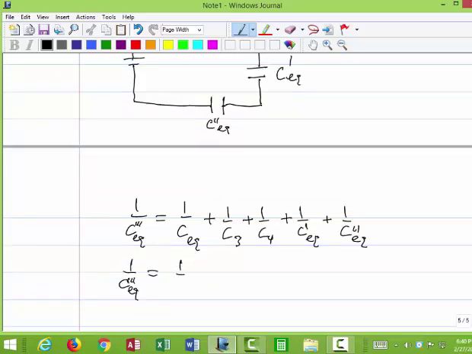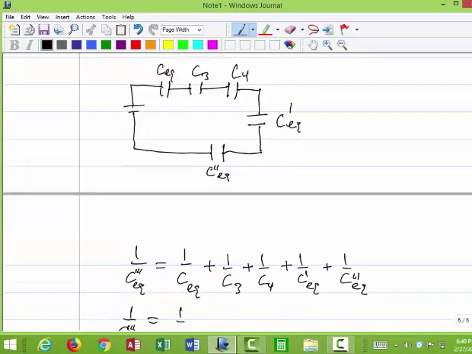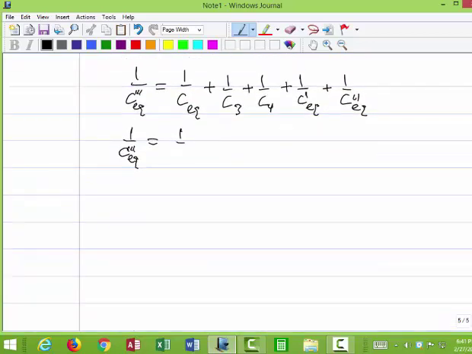So 1 over, which one is this one? 1 over 50 plus 1 over C3. What is C3? 30. 1 over C4. 1 over C equivalent. And C equivalent double prime is 80. So 1 over C equivalent triple prime.